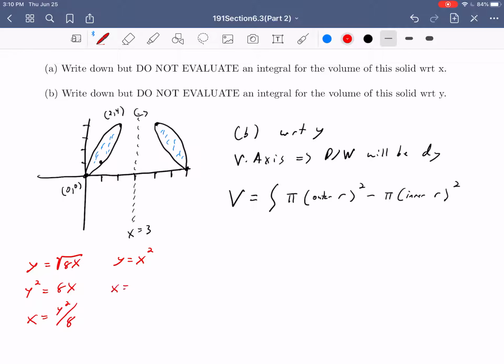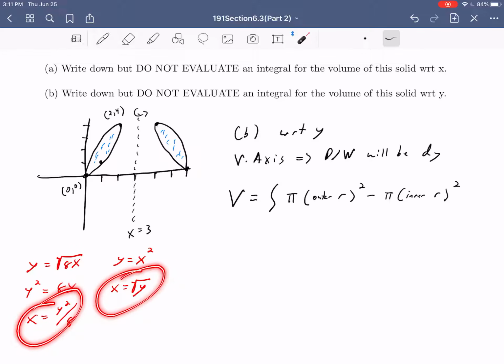So we can think about that as x equals the square root of y. Technically, this is a limited inverse, right? It really should be plus or minus square root of y. But of course, we know we're working in the component where x and y are always positive. So we're safe in using the positive root there. So those are going to be our two inverse functions. This one is the square root originally, and this one was the quadratic originally. So it'll be that component there.